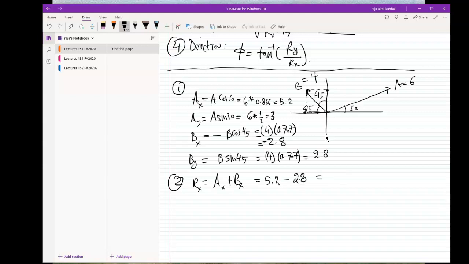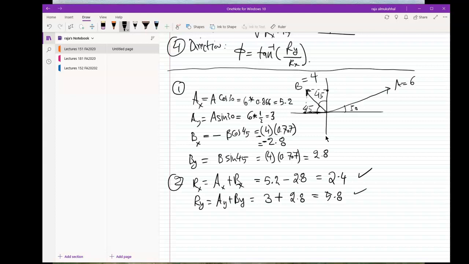So now, use my calculator, 5.2 minus 2.8, answer 2.4. So I have 2.4 for r sub x. R sub y is a sub y plus b sub y, and that will be 3 plus 2.8, and that will be 5.8. And there we go. I got r sub x and r sub y.